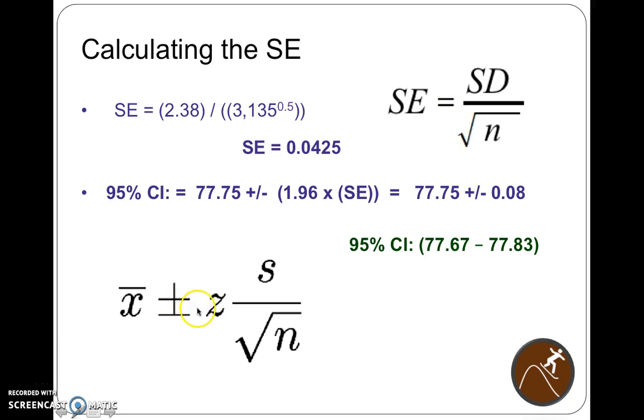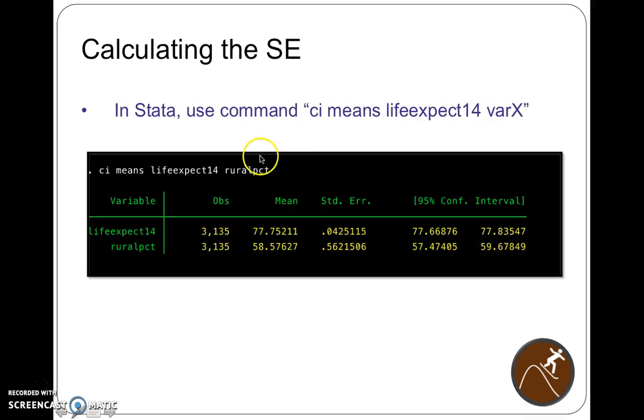So that's the formula. Now, I rounded a lot, so we can do this in Stata. In Stata, we can use the command ci means life expect 14 variable x.